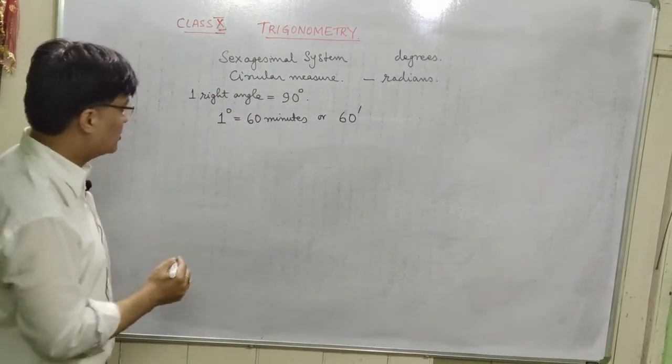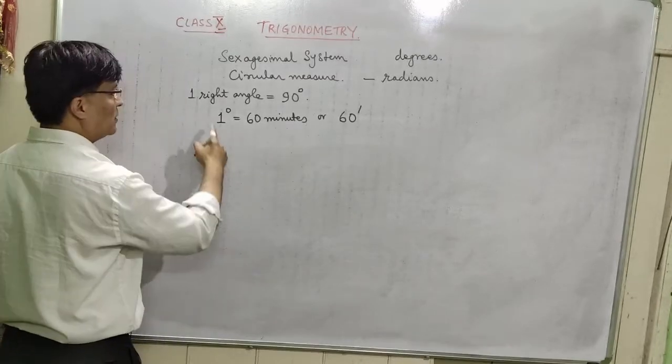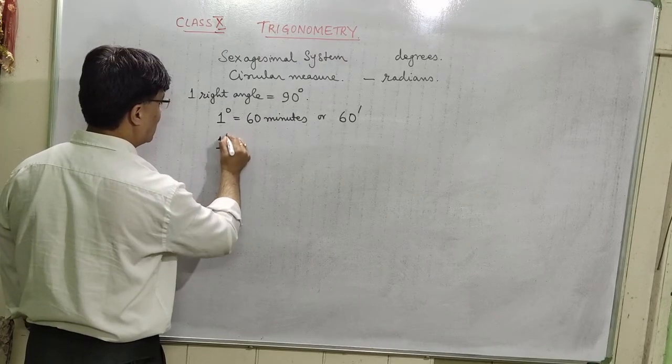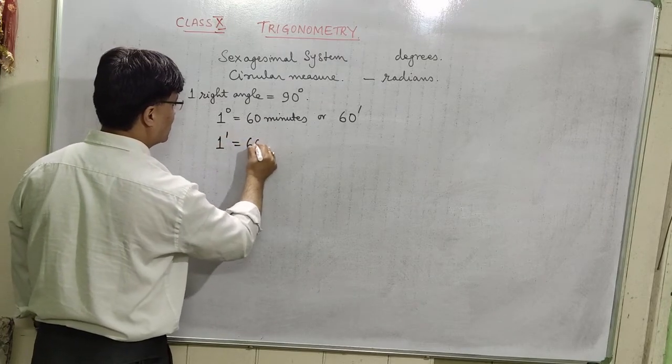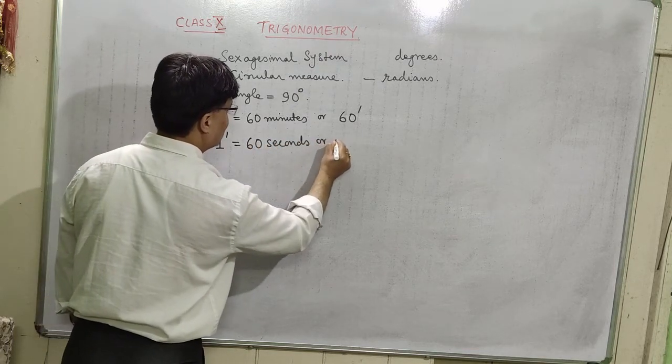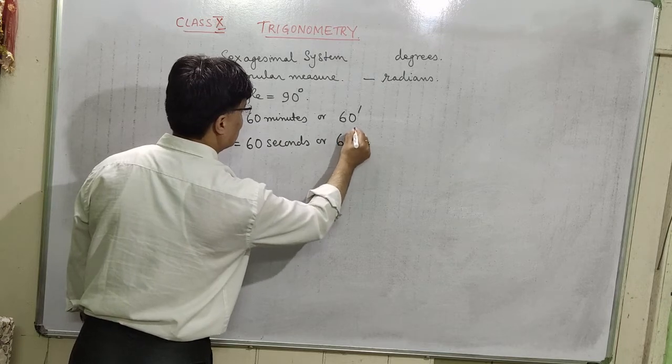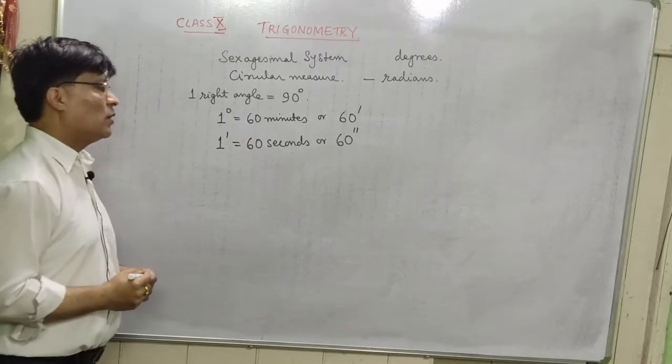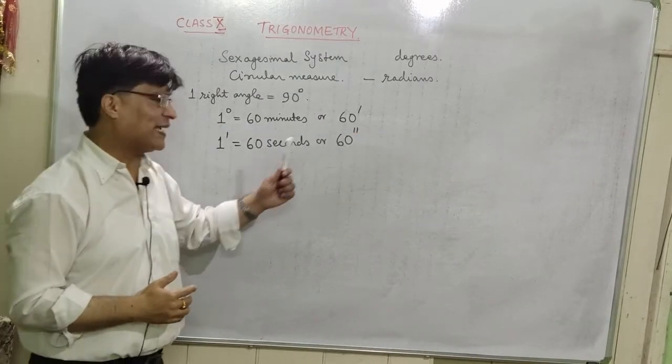Dash means minutes. And 1 minute is equal to 60 seconds, or you may write it as 60 double dash. Double dash means seconds.